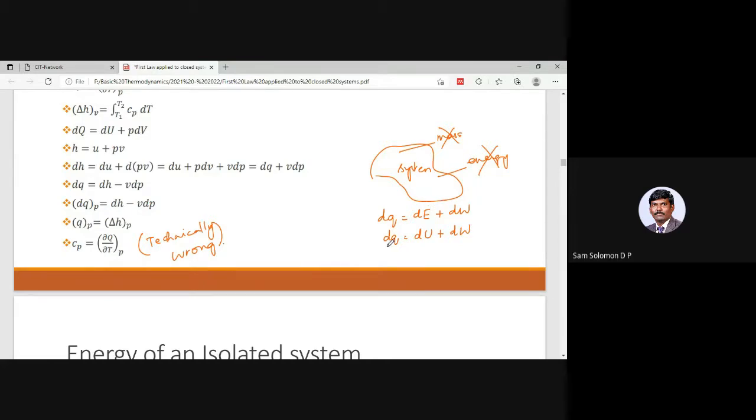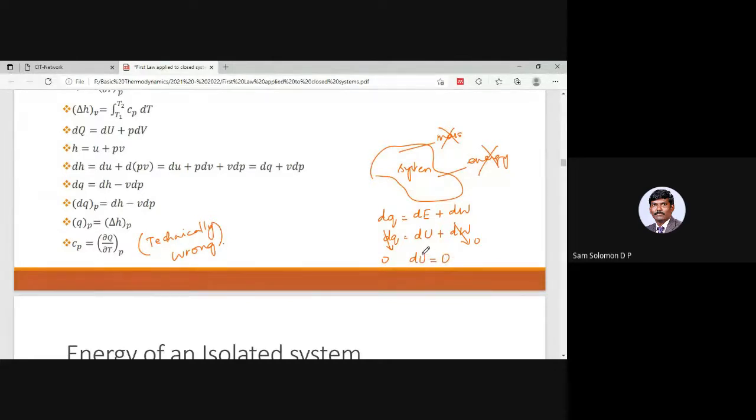And we know that no heat transfer is going to take place because there is no energy transfer. Whatever heat transfer or work transfer, it has to cross the boundary. But because it is an isolated system, nothing is going to cross the boundary. So this guy is 0, this guy is 0, which means change in the energy is 0.